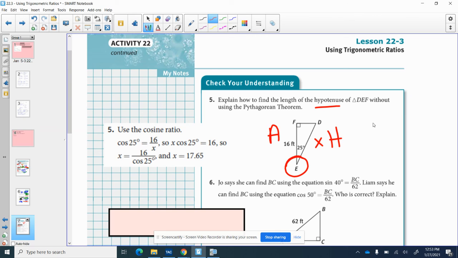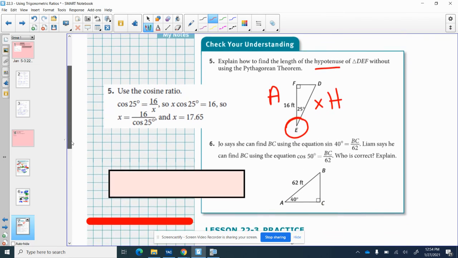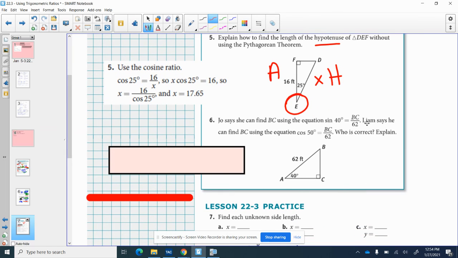And we're looking then to solve this by setting it up cosine of 25 equals adjacent over hypotenuse, switch and divide, and you should have gotten about 17.65 or 17.7.